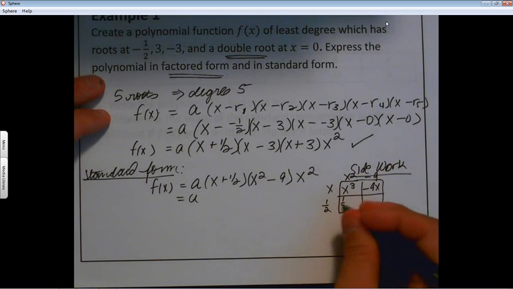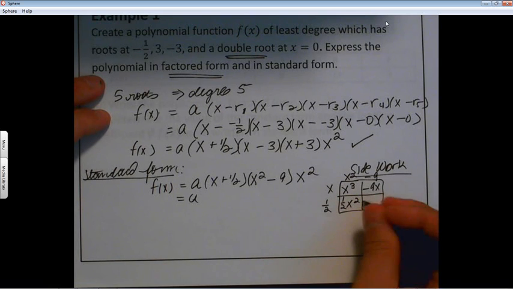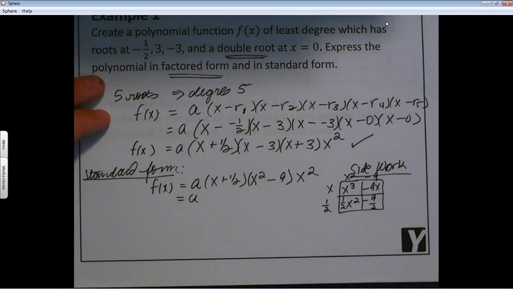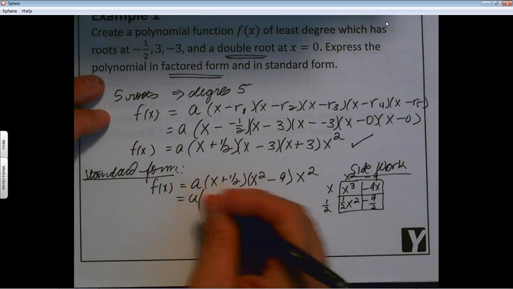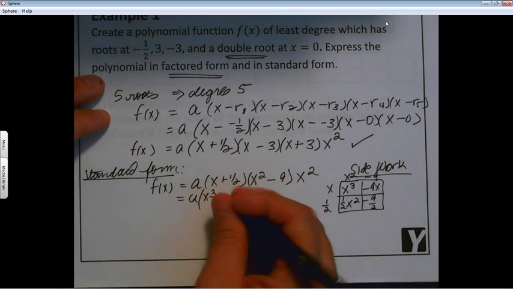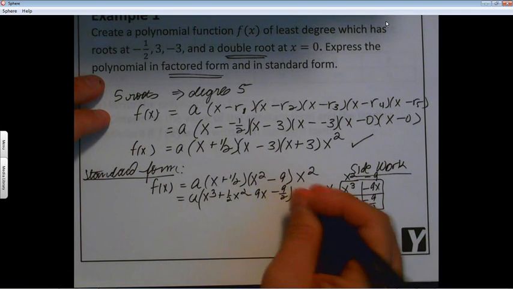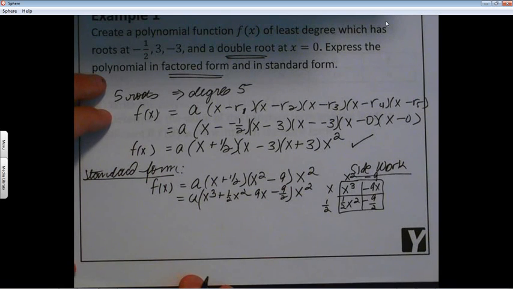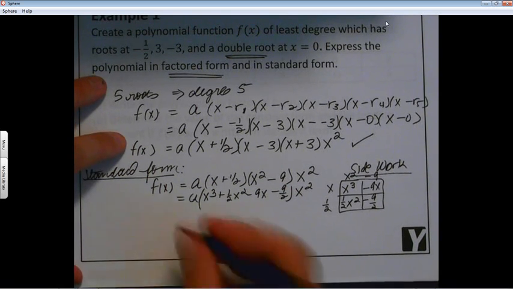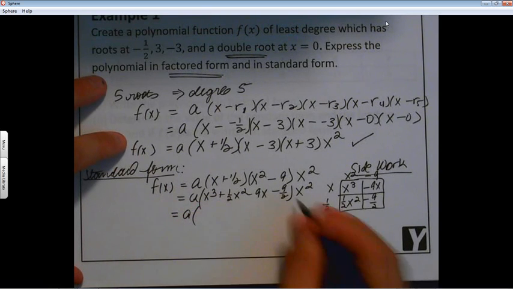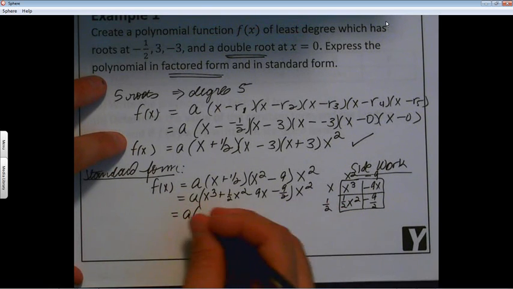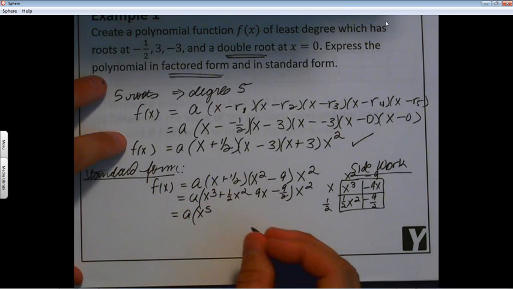And I'm going to do what Mrs. Blakely likes to do. I'm going to go over here and do a little bit of side work. The side work is going to be my multiplying with the box. We have x plus 1/2, and we have x squared minus 9. x times x squared is x cubed. x times -9 is -9x. 1/2 times x squared, 1/2 times -9.